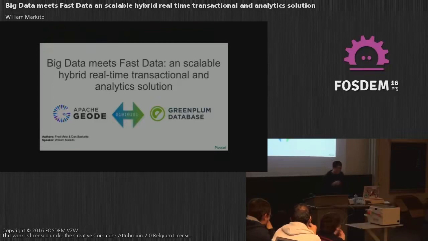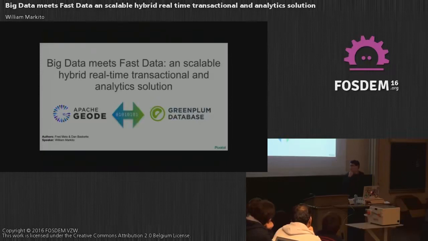So, my name is William. I work for Pivotal. I work in the Geode engineering, or Gemfire, which is the name of the commercial product. That's the region of the open source project named Geode.